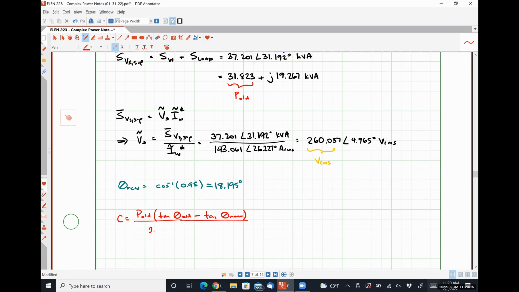Divided by omega, which is going to be 2 pi times our linear frequency, which we know, multiplied by the magnitude of Vs quantity squared. If we put in our numbers here, we get an answer of 345.479 microfarads.